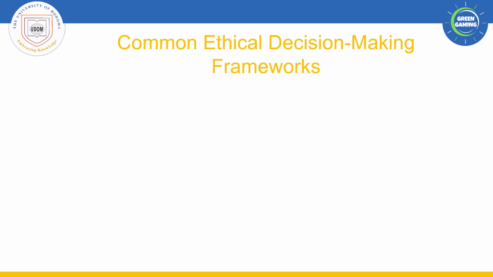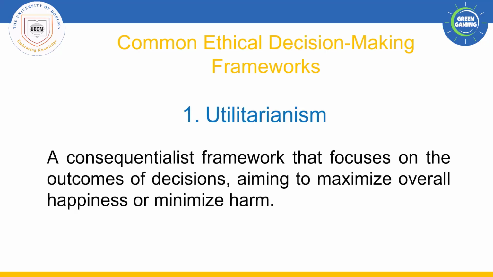So the first one is utilitarianism. Utilitarianism focuses on maximizing overall happiness, but can risk overlooking the harm to minorities. So that's what we call utilitarianism, a consequentialist framework that focuses on the outcome of the decision, aiming to maximize overall happiness or minimize harm, right?